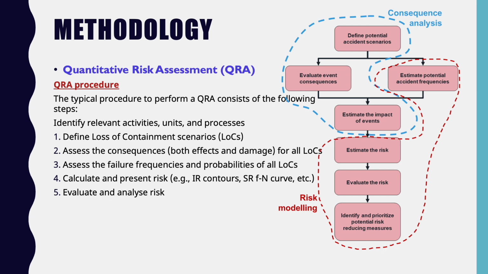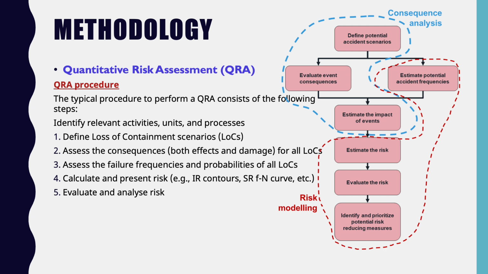Assess the consequences, both effect and damage, for all loss of containments, which is a toxic release. Assess the failure frequency and probability for all LOCs, and calculate and present risk, for example, IR or individual risk contour, societal risk, FN curve, and etc. Number 5 is to evaluate and analyze the risk.